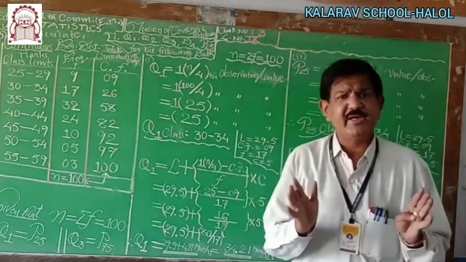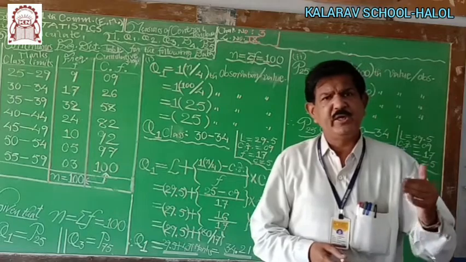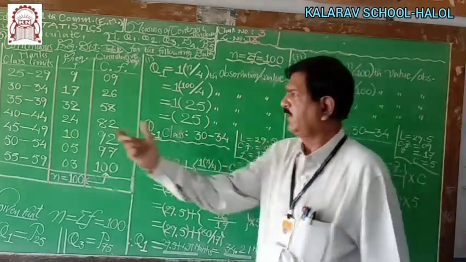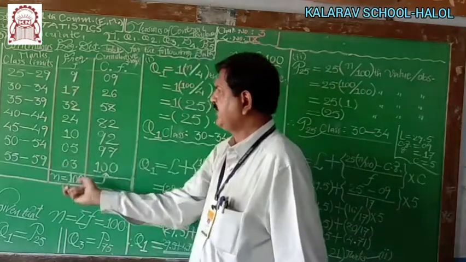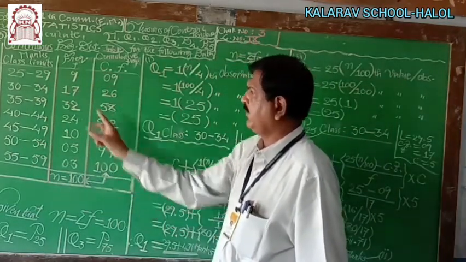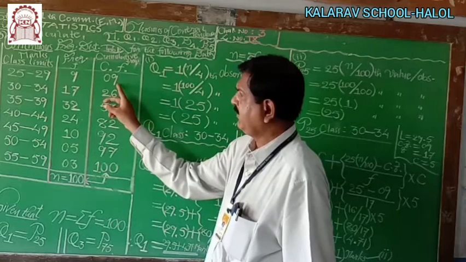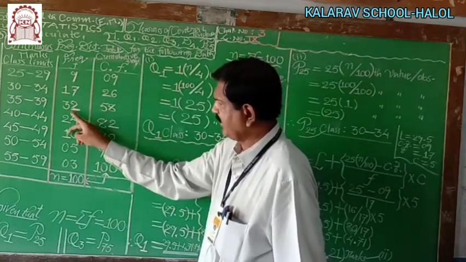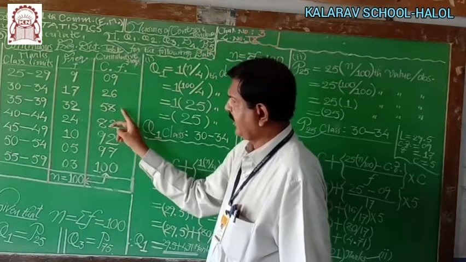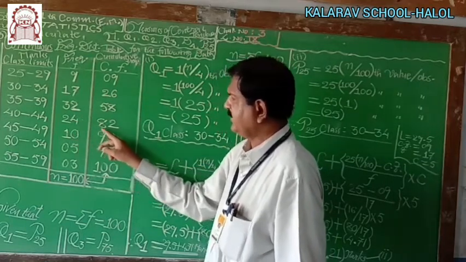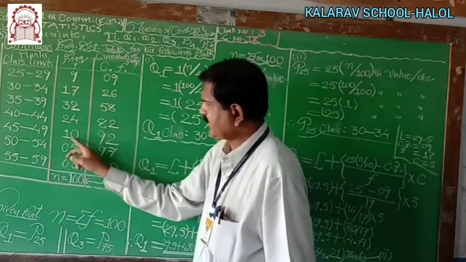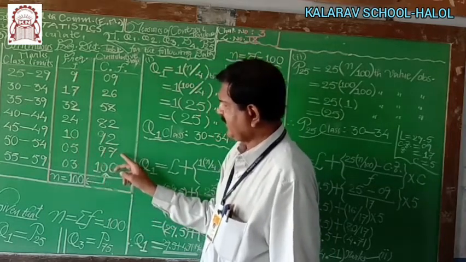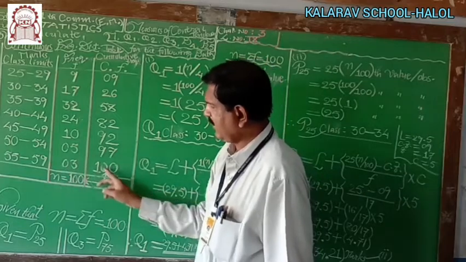For computing median, quartiles, deciles or percentiles, only 3 columns are required: classes, frequency and cumulative frequency. First frequency as it is, 9. 9 plus 17 becomes 26, 26 plus 32 becomes 58, 58 plus 24 becomes 82, 82 plus 10 is 92, 92 plus 5 becomes 97, 97 plus 3 is 100.